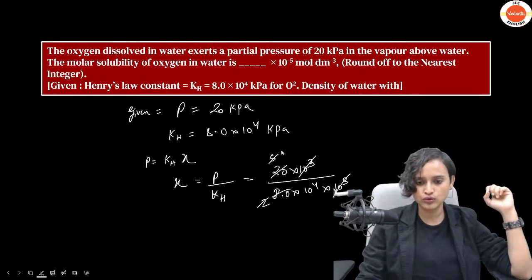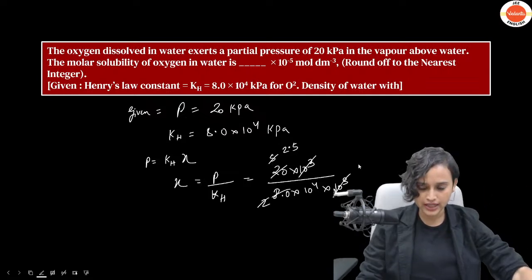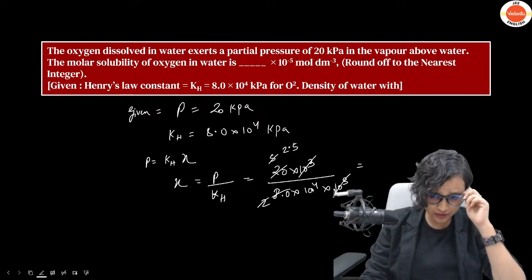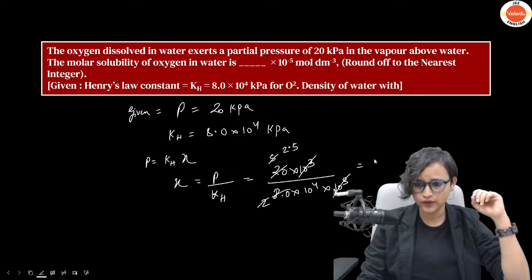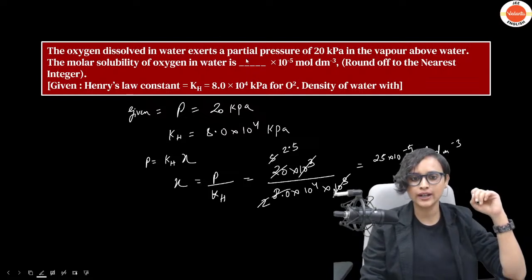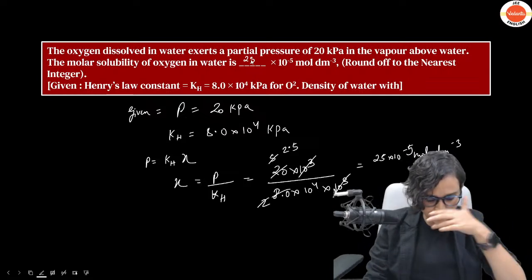Now 2 2s are 4, then 1 10 2.5. So this I can write as 10 to the power minus 4 into 2.5. That means 25 into 10 to the power minus 5. The answer is 25, guys. Answer is 25.